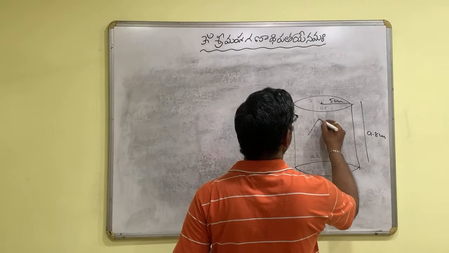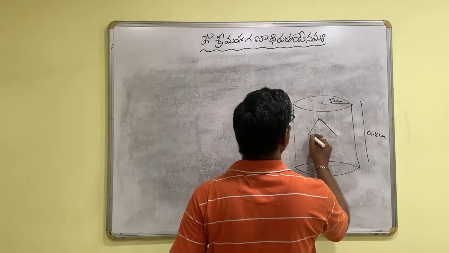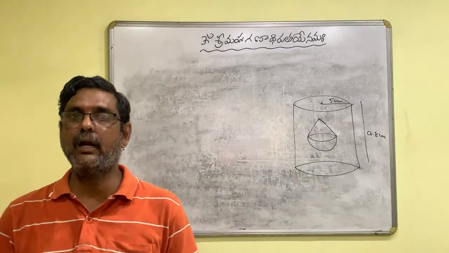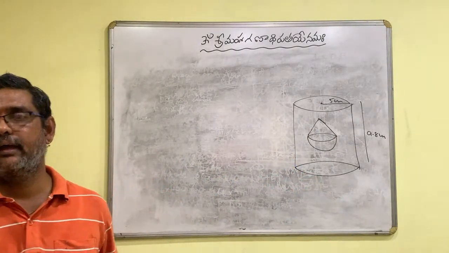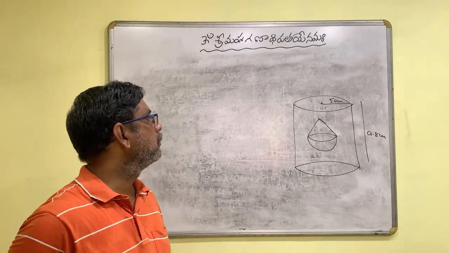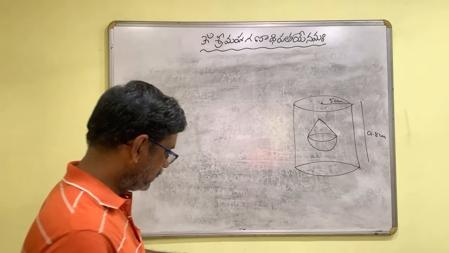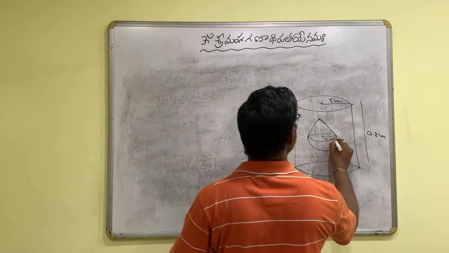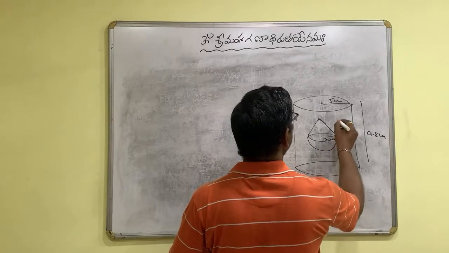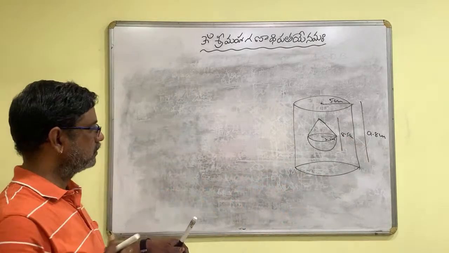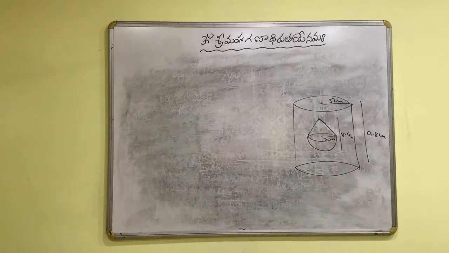And a solid object which is in the shape of a cone mounted on a hemisphere is immersed, whose radius is 3.5 centimeters and the total height is 8.5 centimeters. Okay? And we need to calculate the volume of water left in the cylindrical vessel.